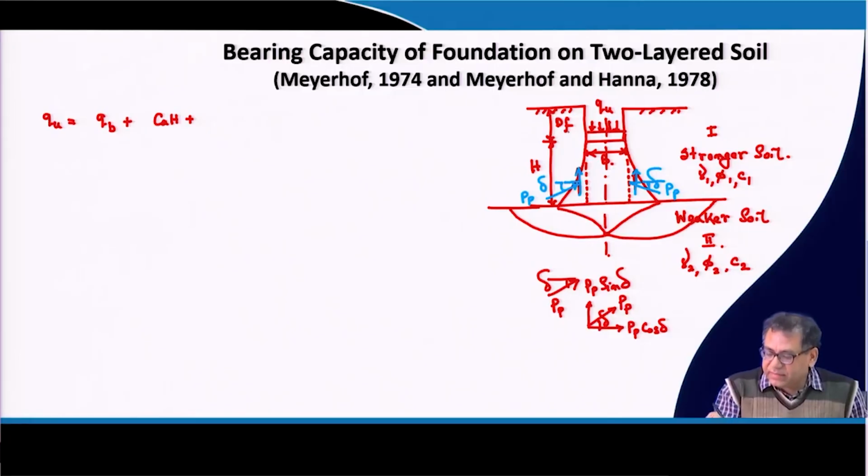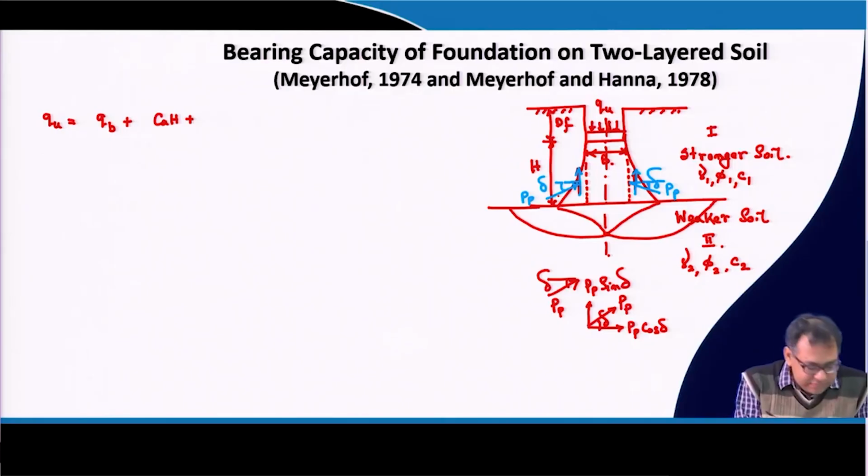So, that Pp sin delta will act in the vertical direction. That Pp sin delta, this cohesion part, and the bearing capacity that this base soil has given will be equal to the total load that is coming on the foundation, or the total load carrying capacity of the foundation, that is Qu.